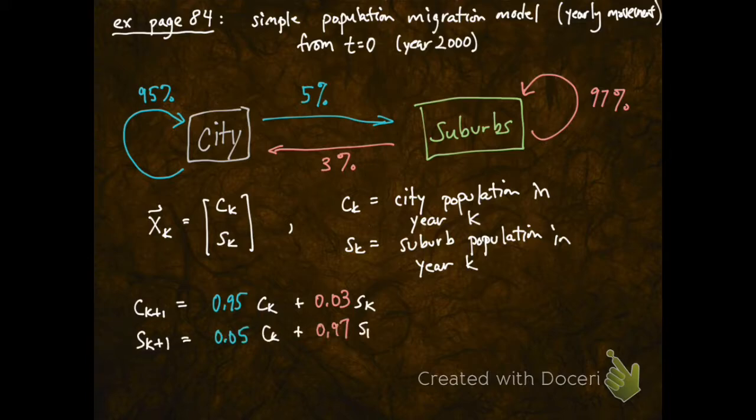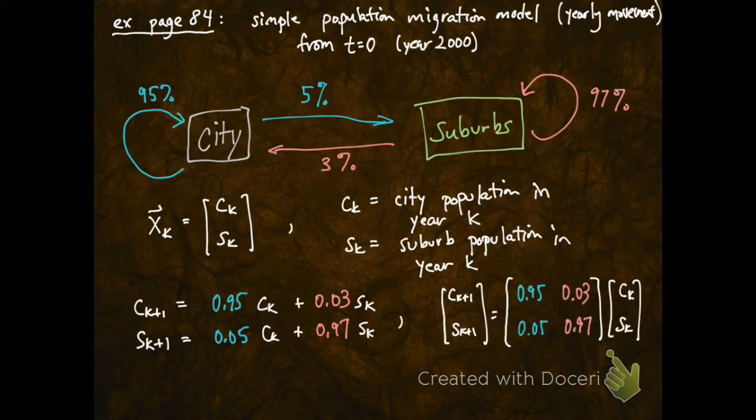The suburb population at time k+1, well, there's 5% migration from the city to the suburbs, so that's 0.05 c_k, plus 97% of the suburb population stays put, so that's plus 0.97 s_k, which means the state vector x_{k+1}, which is c_{k+1}, s_{k+1}, can be represented as this matrix 0.95, 0.03, 0.05, 0.97 times the state vector c_k, s_k.